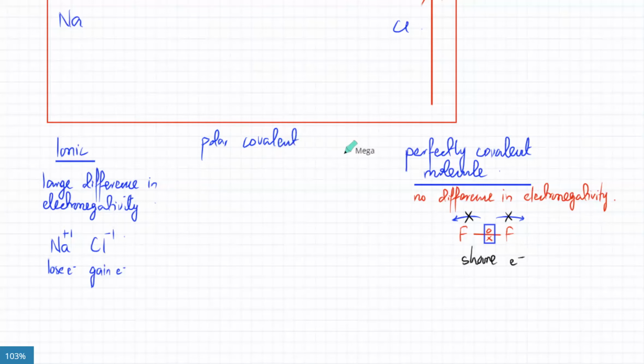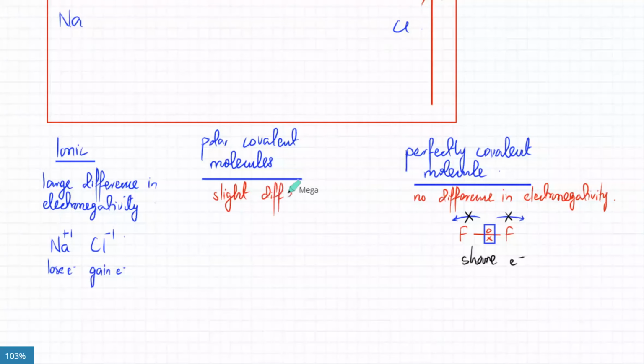So you've got polar covalent molecules. And in polar covalent molecules, there's going to be a slight difference in electronegativity. So not a large one, but just a tiny bit.